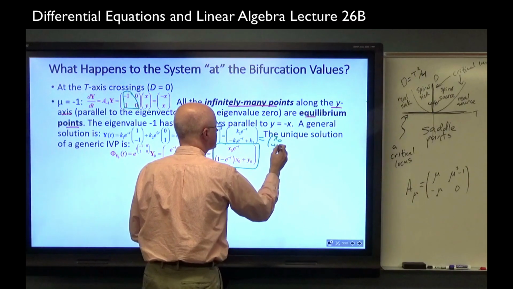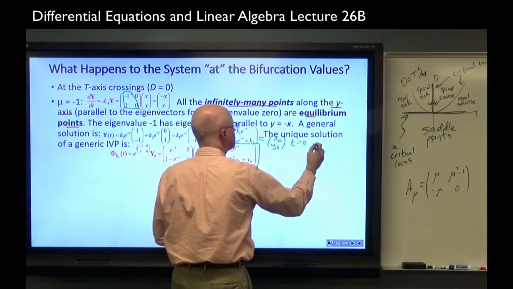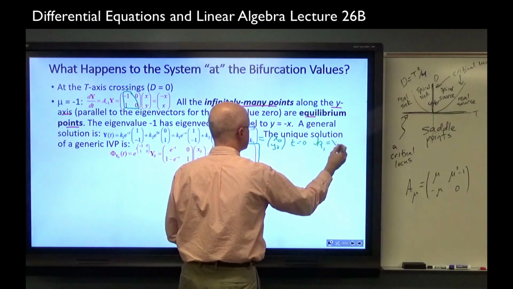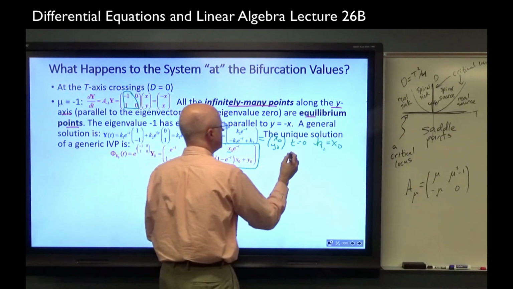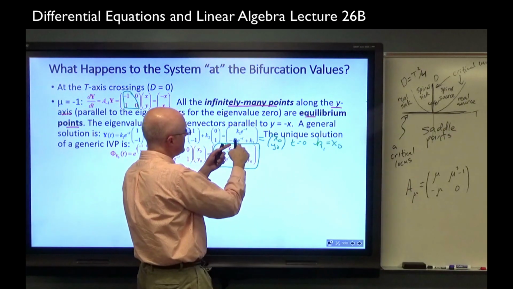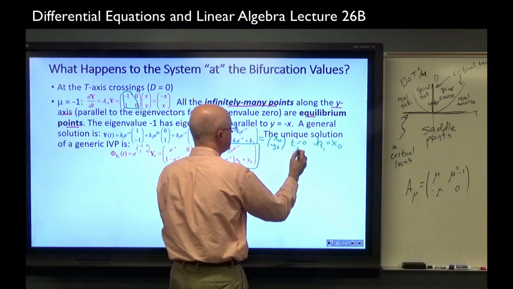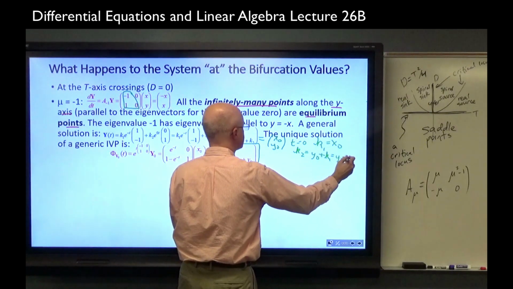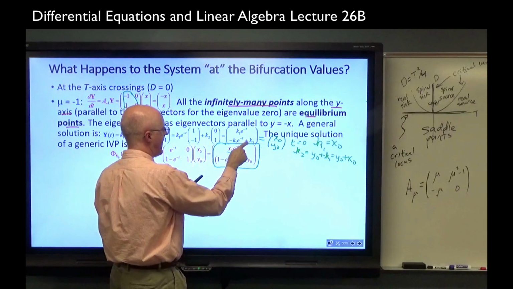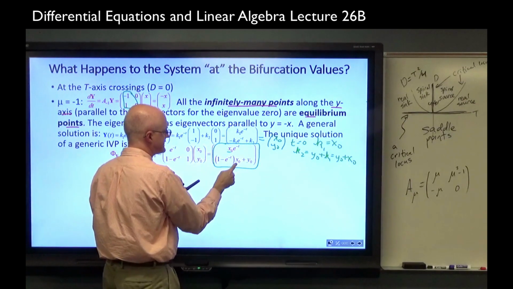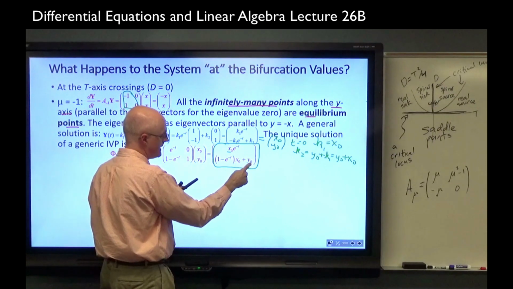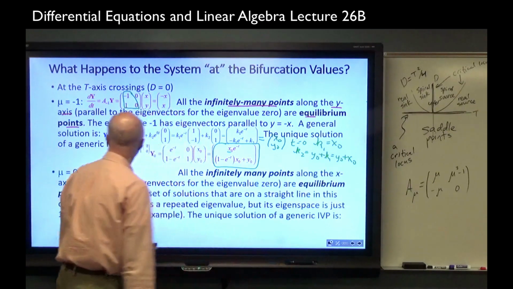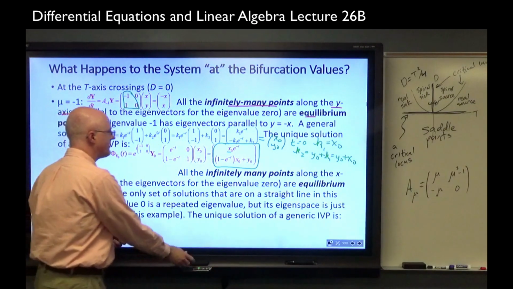If this is x0, y0 when t is 0, k1 would have to be, e to the 0 is 1, k1 would have to equal x0, which is why you see x0 right there. And then negative k1 plus k2 would be y0. k2 is going to be y0 plus k1, y0 plus x0. You put that there, y0 plus x0. The x0 comes from the 1 minus x0 there, and the y0 is by itself there. Okay, you can check it on your own too. All right, next case, next bifurcation value.